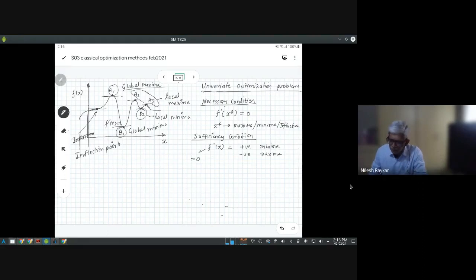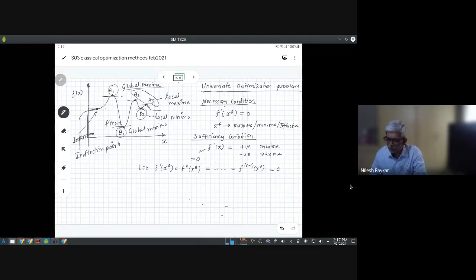So the sufficiency condition stands as follows. Let f dash x star equal to 0.